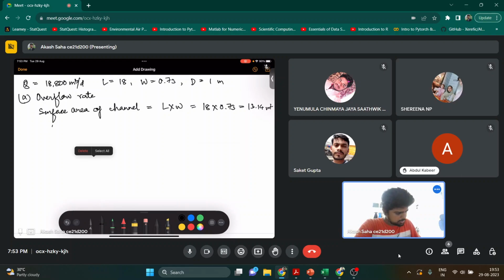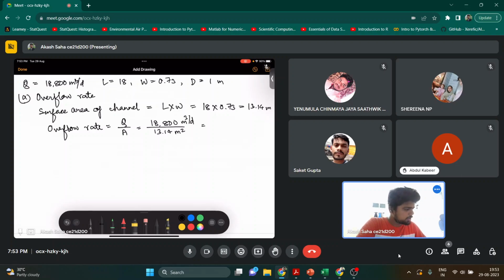So my overflow rate will be Q by A, that is 18,800 divided by 13.14 meter square, and it is meter cube per day.